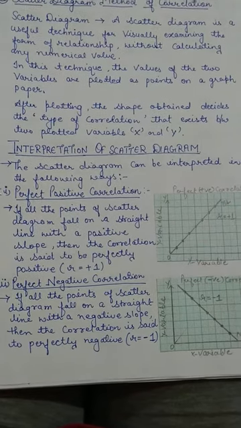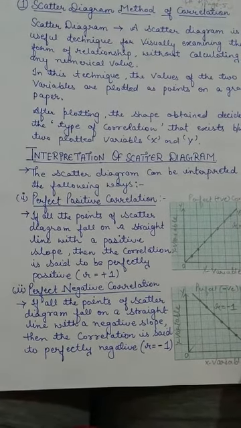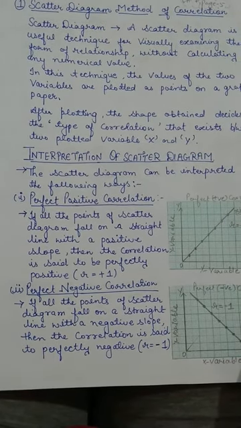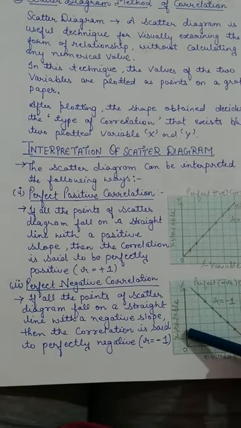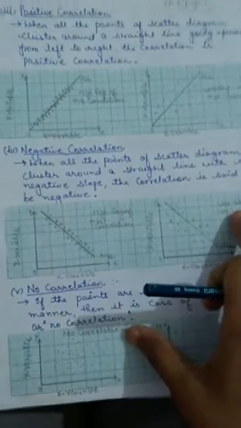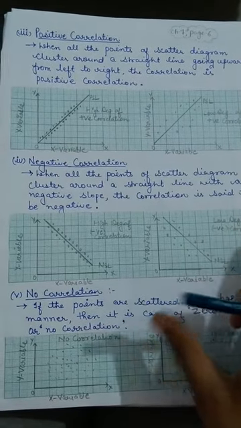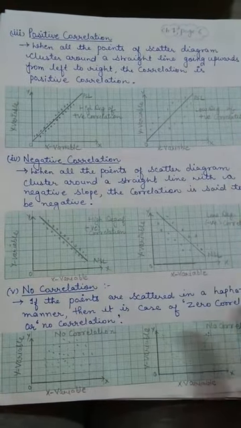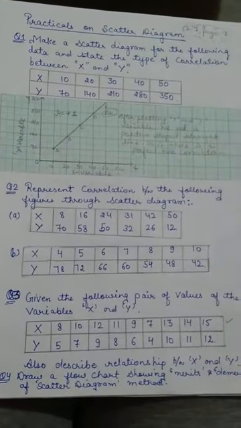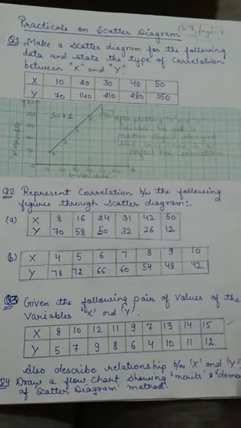I hope you are getting my points. After this, there was positive correlation, then negative correlation, and then no correlation. And after that I gave you one example and few questions to do.